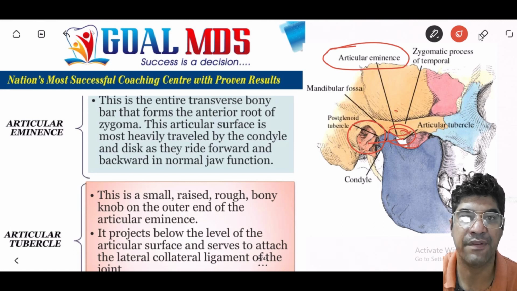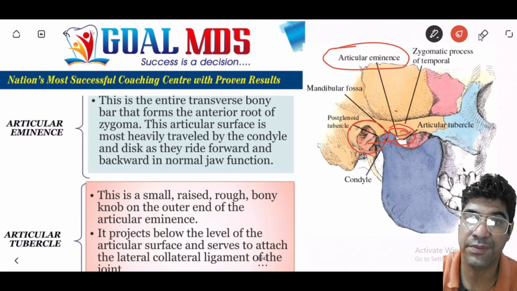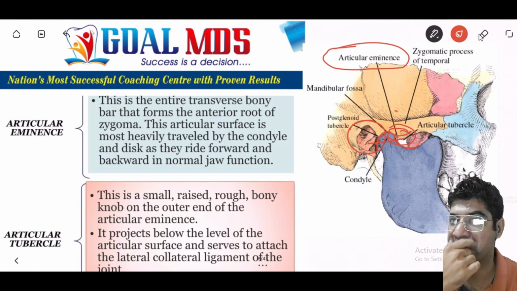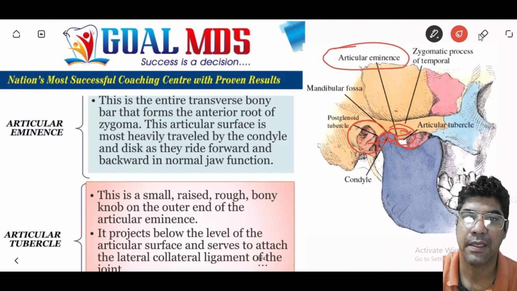It has a curved convex shape and forms a portion of the TMJ socket along with the mandibular fossa. So remember, the articular eminence and mandibular fossa together create a socket where the mandibular condyle articulates.